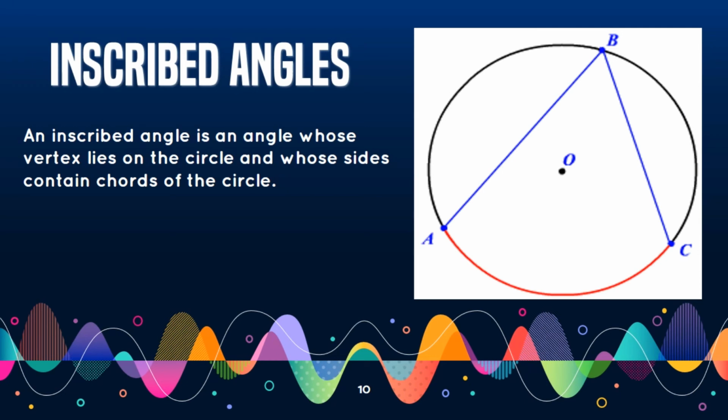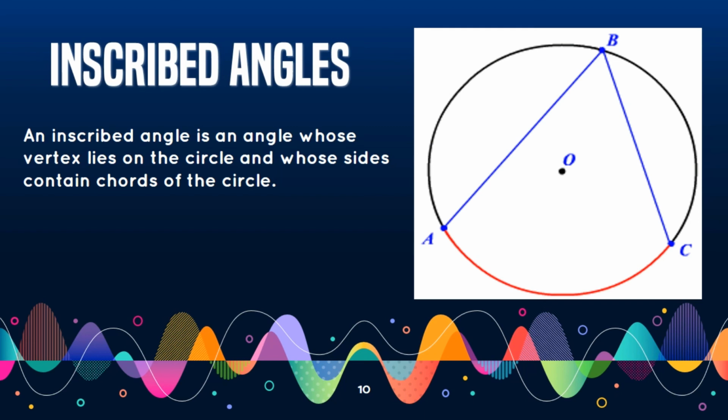An inscribed angle is an angle whose vertex lies on the circle and whose sides contain chords of the circle. So the difference between the central angle and the inscribed angles is that the central angle has a vertex on the center of the circle itself, while the inscribed angles, the vertex lies on a point in the circle.